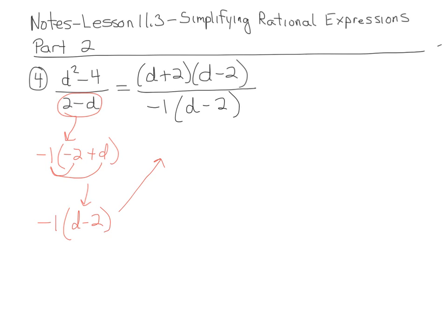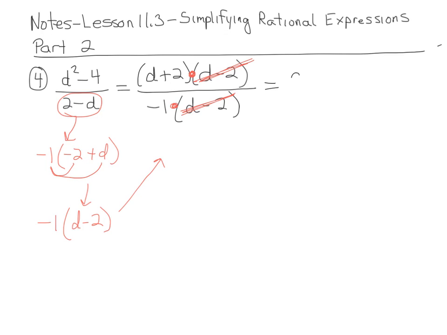Alright, now we have a match. D minus 2, d minus 2, they're being multiplied. So when you cancel, you're canceling out the entire quantity. The whole thing cancels. Now that leaves you with d plus 2 divided by negative 1. Let's start over here.